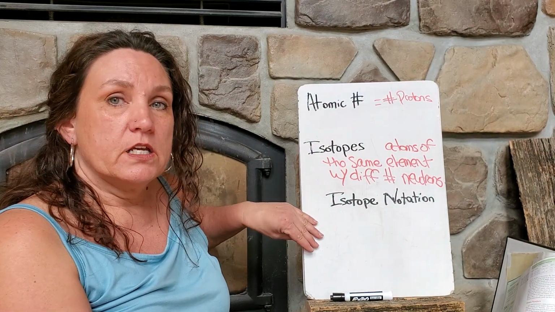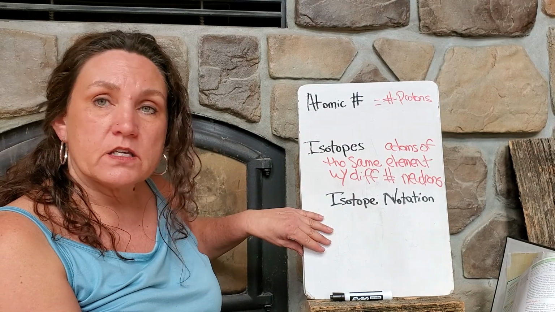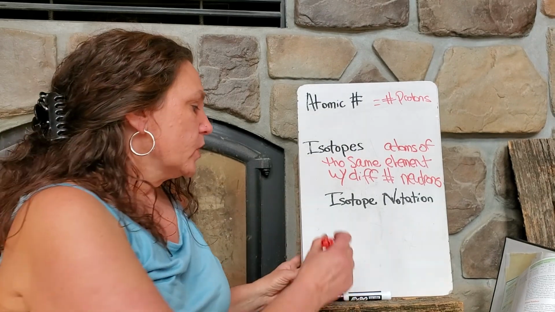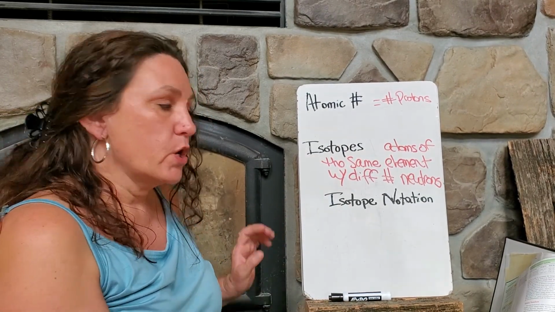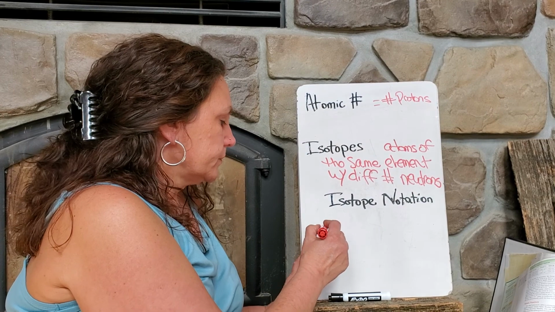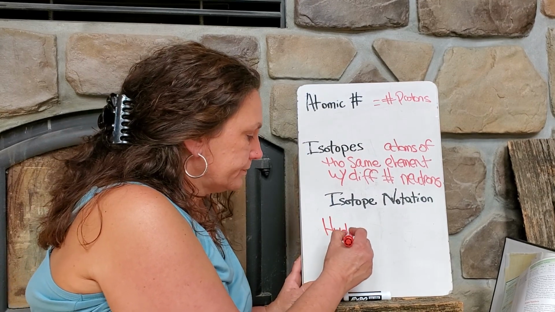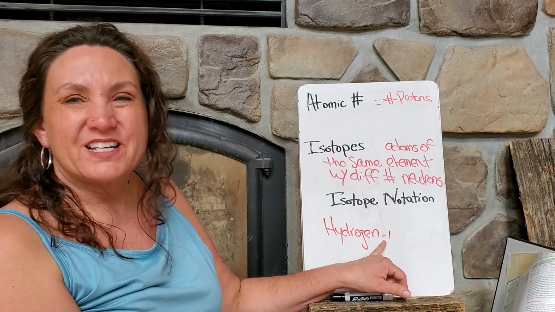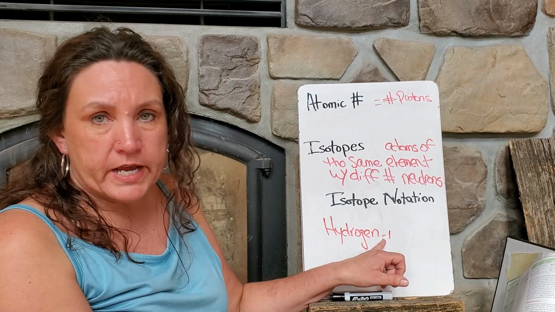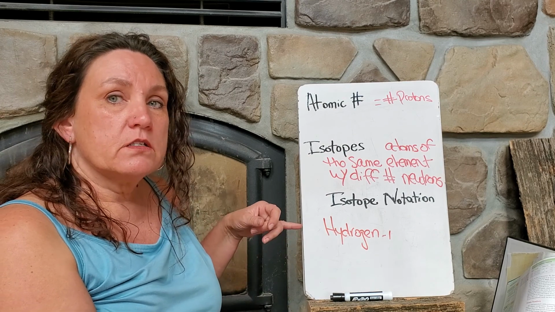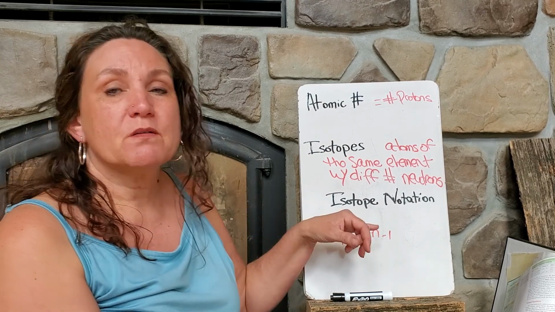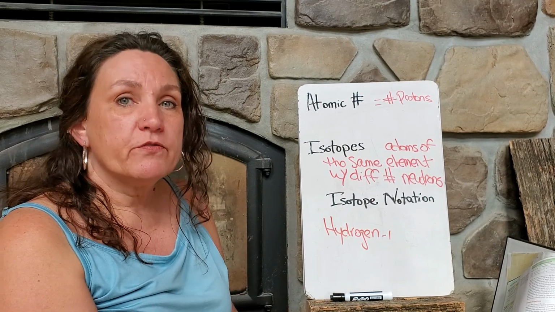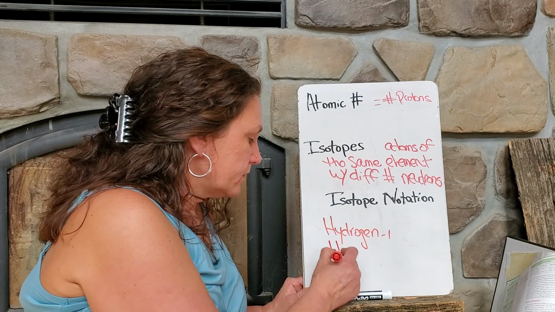What you're going to see then is different ways that we write isotopes. For instance, we can write an isotope of hydrogen as hydrogen-1. Sometimes that's not really a minus sign, sometimes we see a little dash there. So this is the most abundant isotope of hydrogen, but there's other forms of naturally occurring hydrogen.